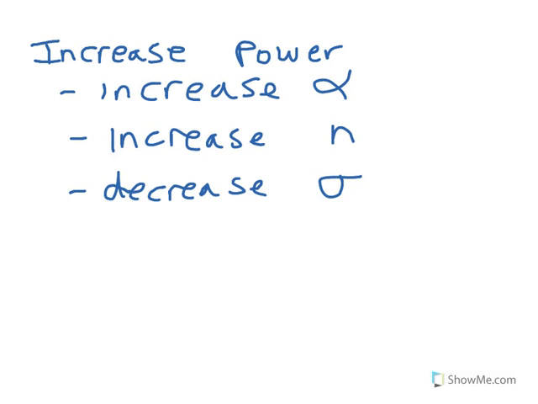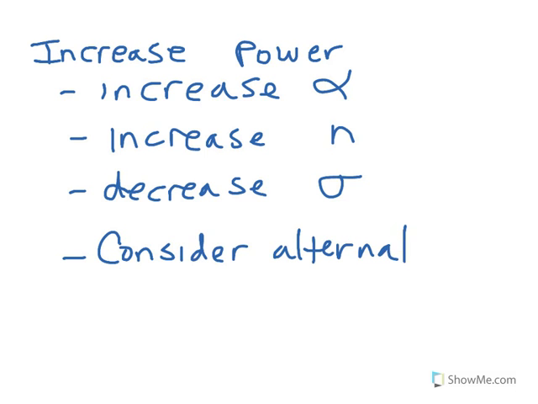Now, the last thing we can do to increase the power is to make sure that we consider an alternative value, because remember that every beta that we have depends on the specific value of the alternative. So consider an alternative value that's relatively far from the hypothesis.